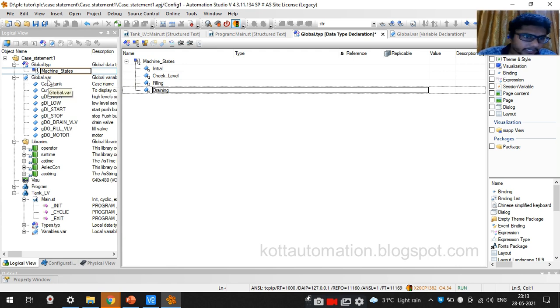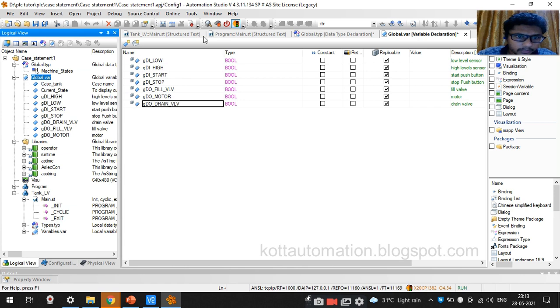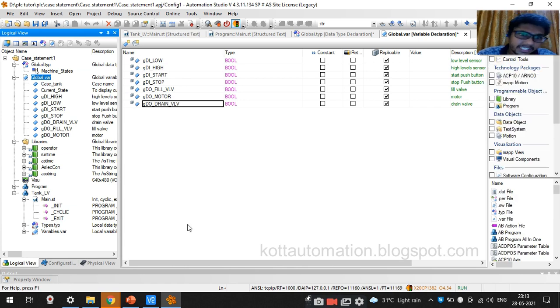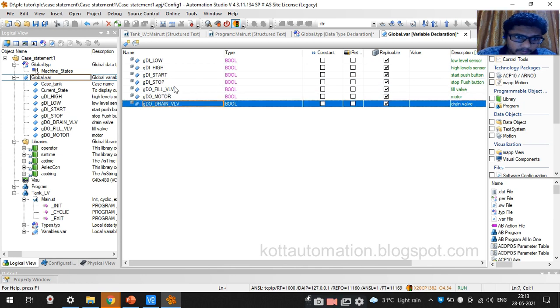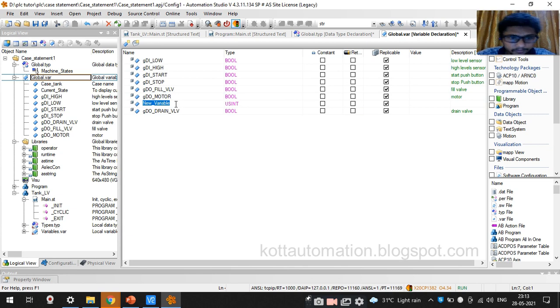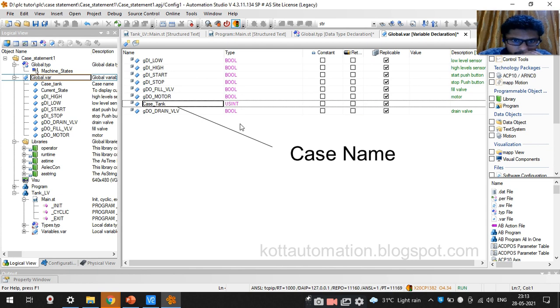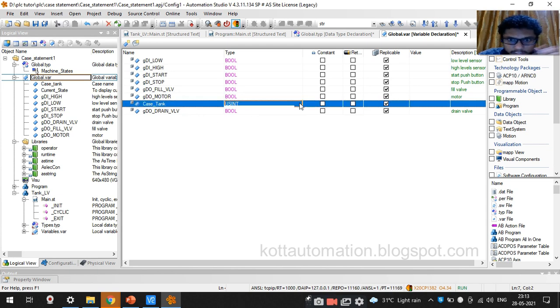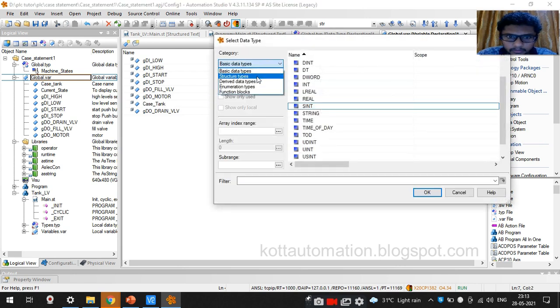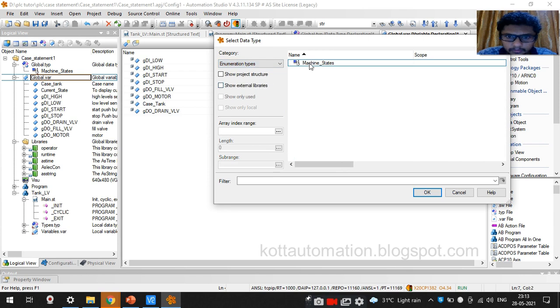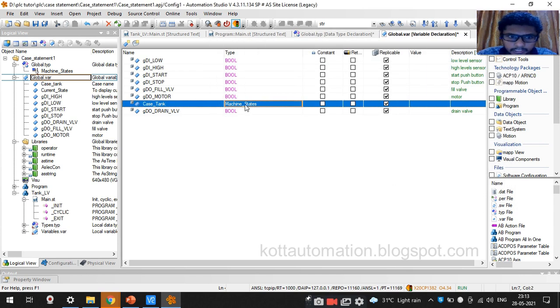After defining the states, the second step is to go to the global variables. Over here, I have already defined my inputs and outputs. Add variable, case tank. Over here, go and select the enumeration which we have already created before, machine state.